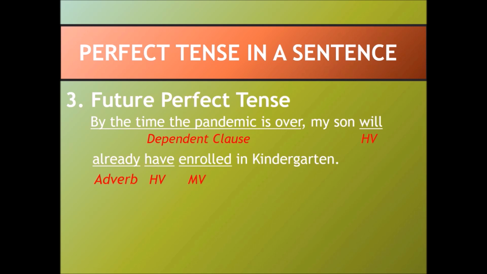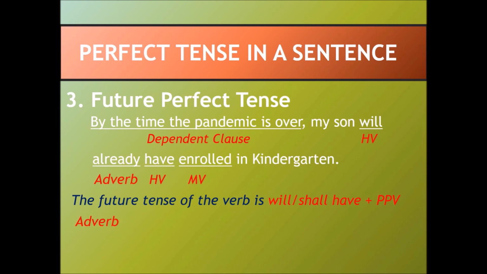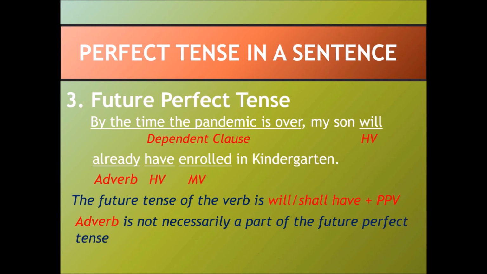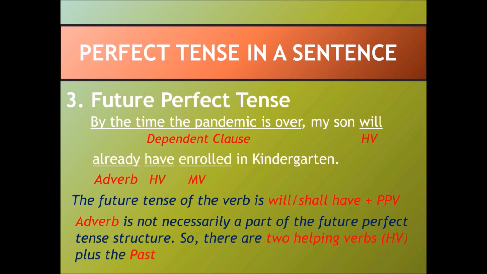Have is a helping verb, and enrolled is the main verb. The future perfect tense of the verb is will or shall have plus the past participle of the verb. The adverb is not necessarily part of the future perfect tense structure, so there are two helping verbs plus the past participle form of the verb, or PPV.